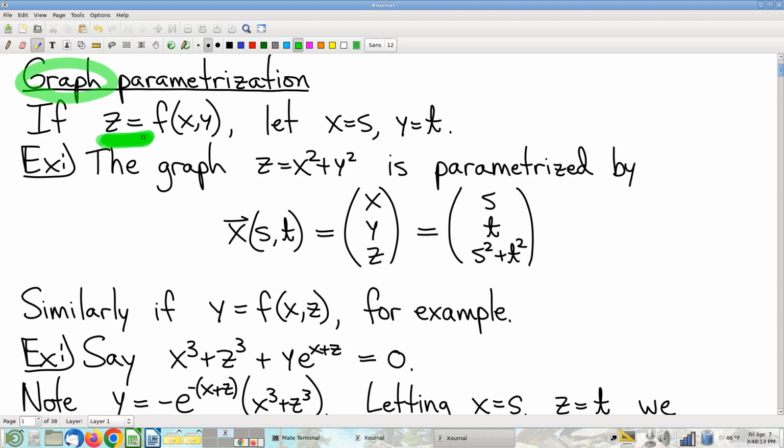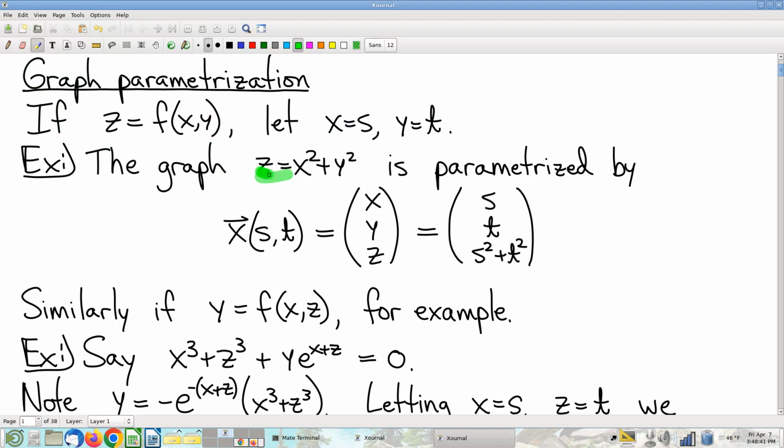If you can solve for one of the variables uniquely as a function of the others, then the move is whatever the input variables are, let those be the parameters. That was the move in the curve case. Whatever the input variable singular was, let that be the input parameter singular. Here, there's two of them. That's the only difference.